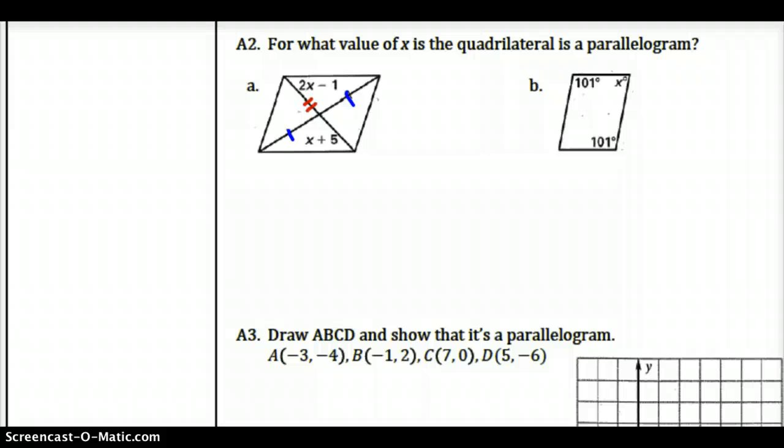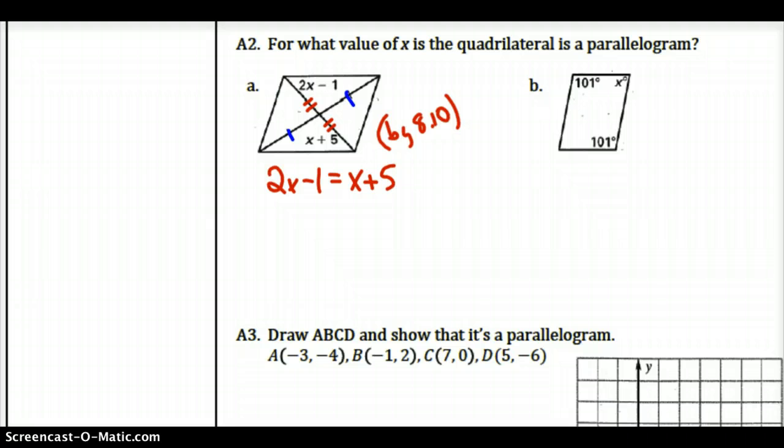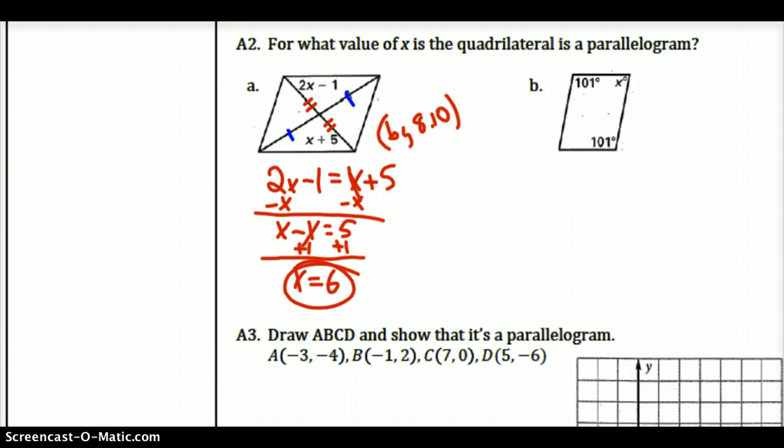So that would mean that 2x minus 1 has to equal x plus 5, by theorem 8-10. Then I have myself a parallelogram. So let's subtract x. So x minus 1 equals 5. Add 1 to solve. So this is the value that will cause that to be a parallelogram.